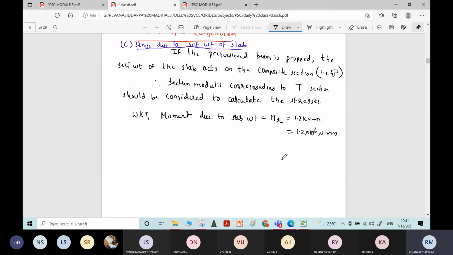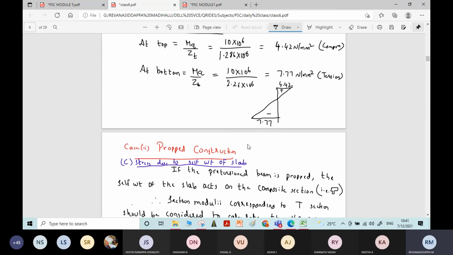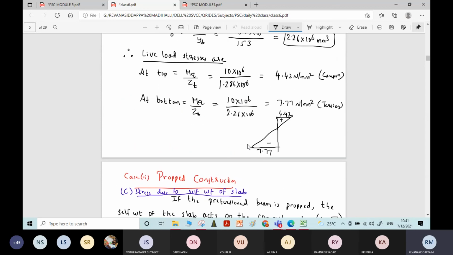Okay. Now, when you consider the section modulus corresponding to the composite T section, you will get two values for stresses, that is at top and bottom. Therefore, at the top, MSL divided by ZT, 1.2 into 10 power 6 divided by ZT, which is 1.286 into 10 power 6.